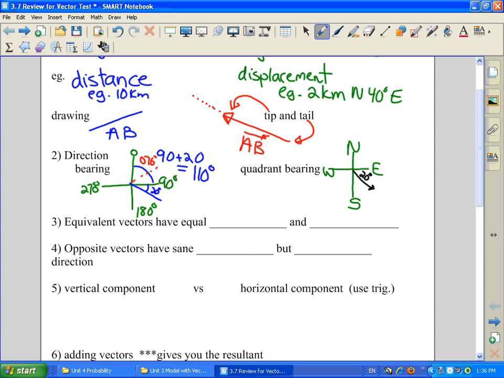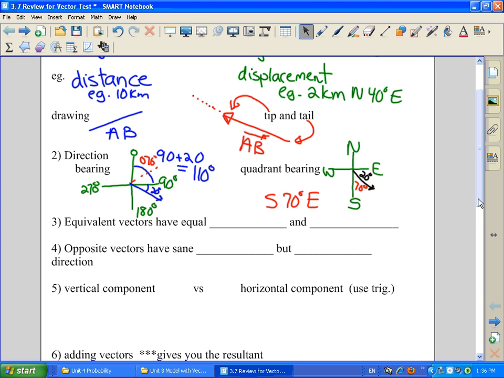So what we're going to do is say, if that's 20, then this has to be 70 degrees. So to do the quadrant bearing, it's going to be south. That's where we start at. And then we go 70 degrees towards the east. The only other part I forgot to do, folks, is to put an arrow on that. All right, good.